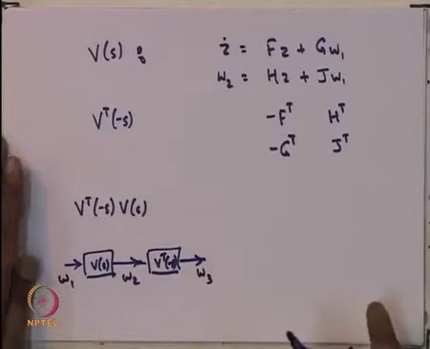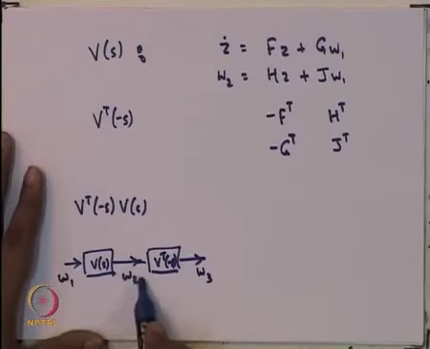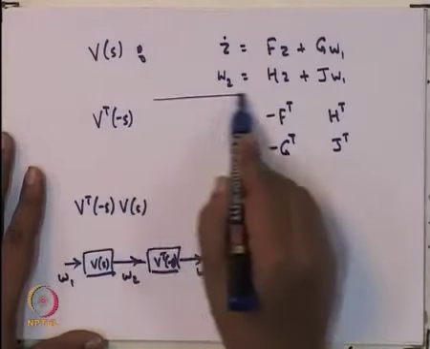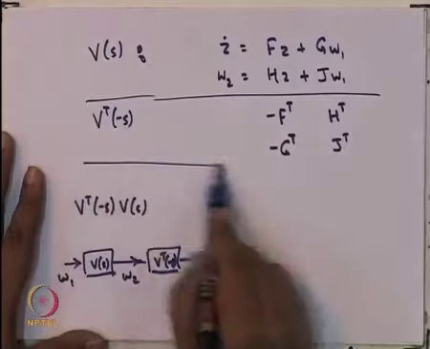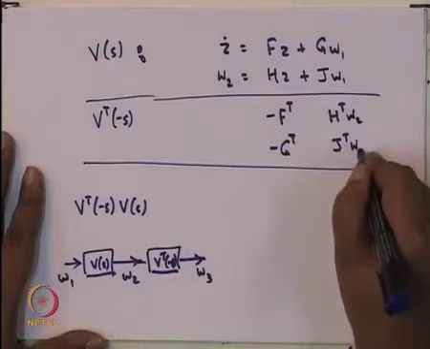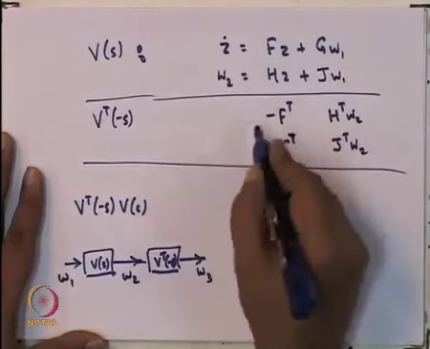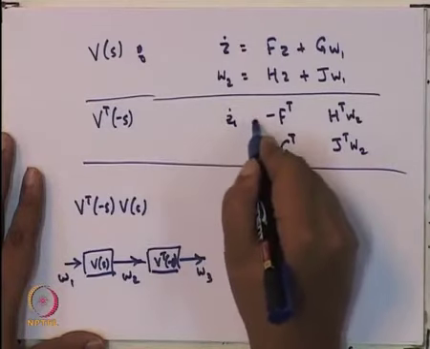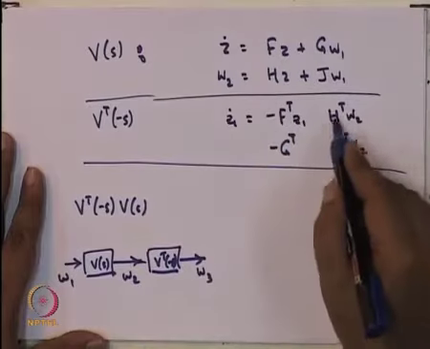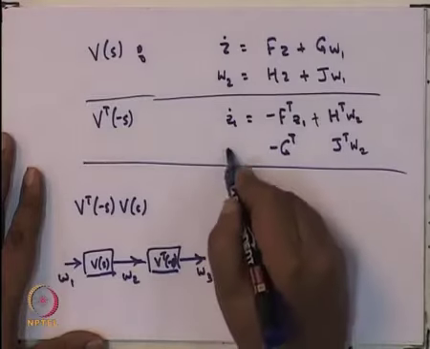So, it is a series connection if you think about it, and so I will appropriately use W2 as the input for the representation of V transpose minus S. The state I had called Z, let me call them Z1. So, Z1 dot equal to minus F transpose Z1 plus H transpose W2, and the output, let me call it W3.